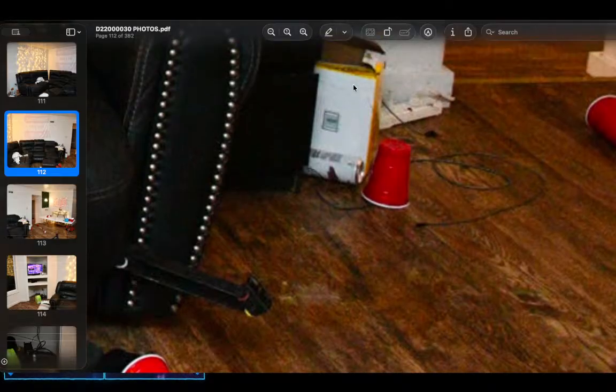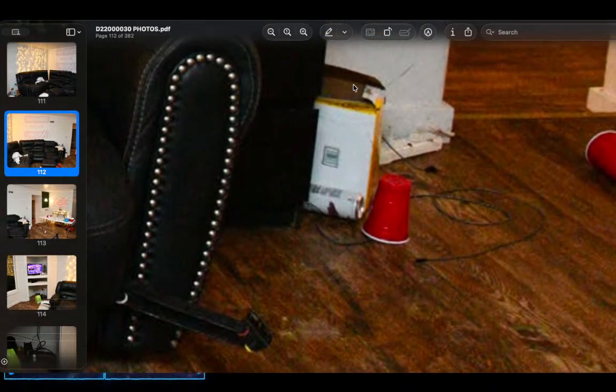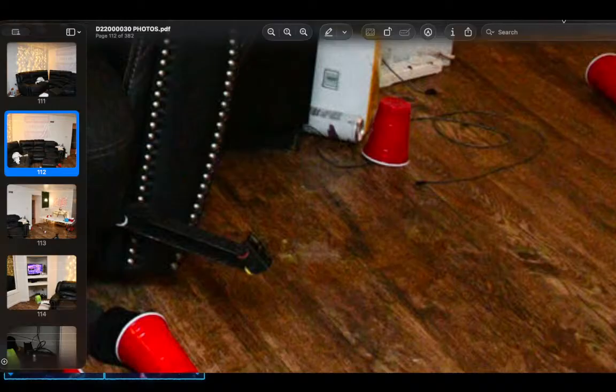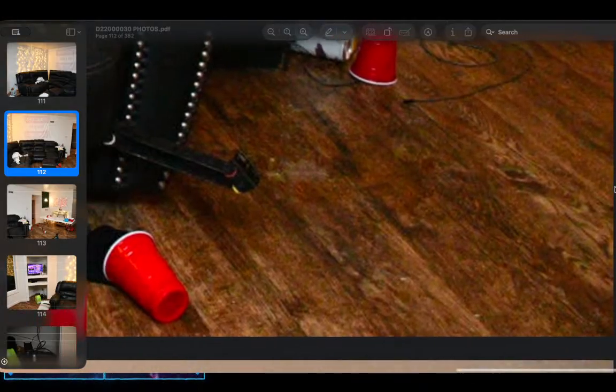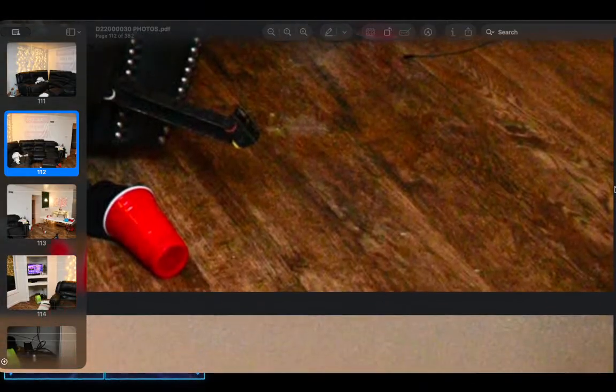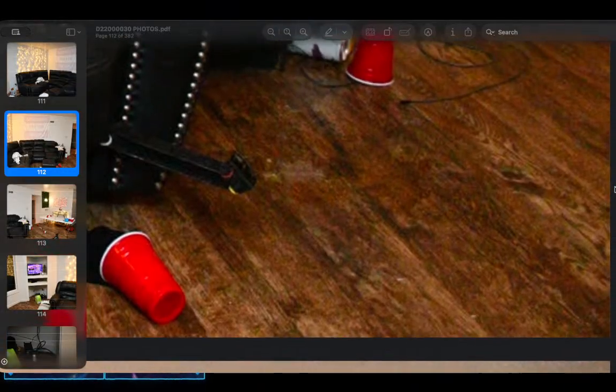Look at all the discoloration in the floor. All right here. And then whatever this thing is, that goes all the way. I can't even get the whole stain in.